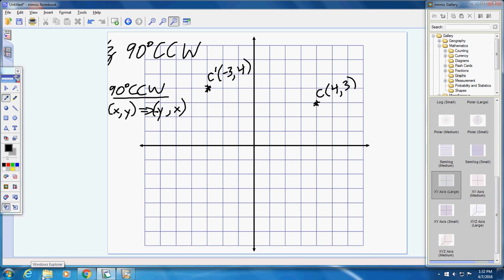So now we'll test that out with a different one. Let's go with this blue again. That seemed to work the best. So let's go with the point, let's go with -3, -1. We'll call this point D. -3, -1.